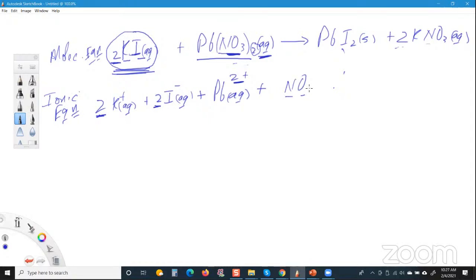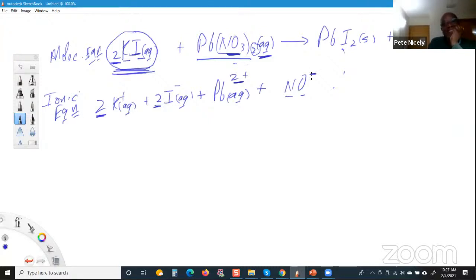NO minus? Well, there's a minus sign here, but there's a subscript down here.